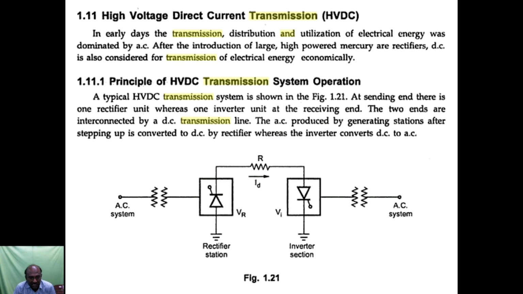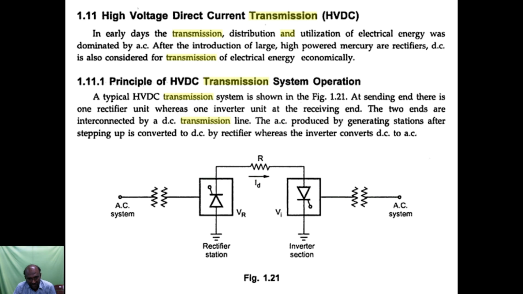So the HVDC system consists of a rectifier station and an inverter station. In between we have the rectifier and inverter stations. So why this rectification and inversion? The rectifier is a power electronic converter, using which we can convert the AC into DC.